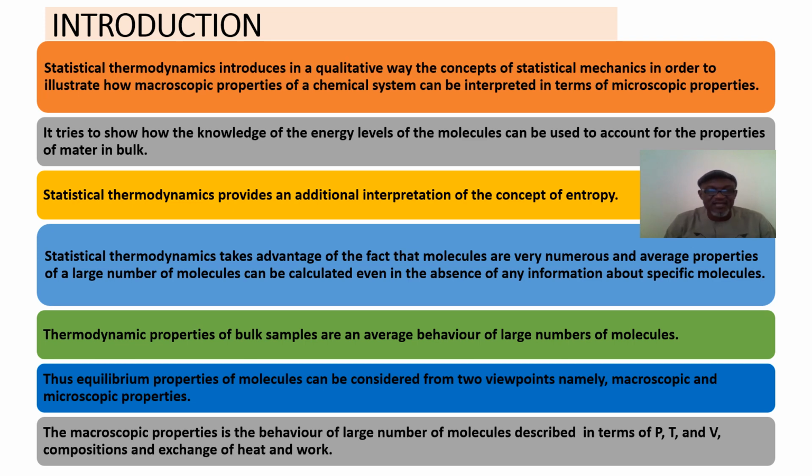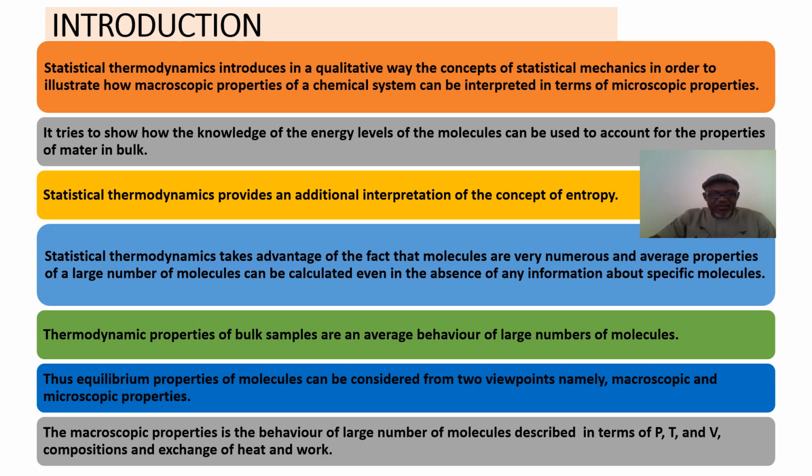We can say, these 400 level biochemistry students are very crazy. These 400 level biochemistry students are very nice. If they are nice students, it does not mean that there is no bad student there, but we're looking at the average behavior of all the students there. So we're giving them a pass mark because the average behavior is good. That's what it means. We're looking at the average behavior of the molecules, not individual molecules, because we have a very large number of molecules.